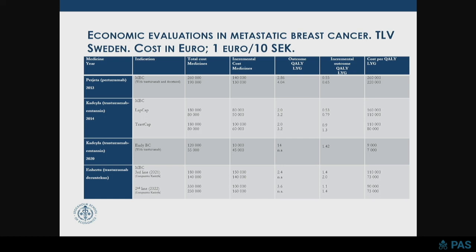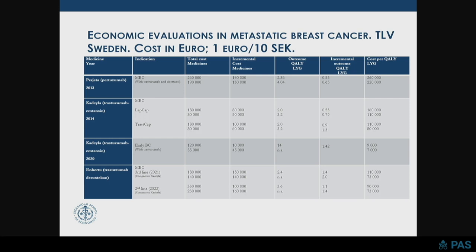The gain in QALYs was a little higher than for Herceptin. Cost effectiveness was not as good, but Perjeta was also accepted by the Swedish reimbursement agencies with a discount on the price.